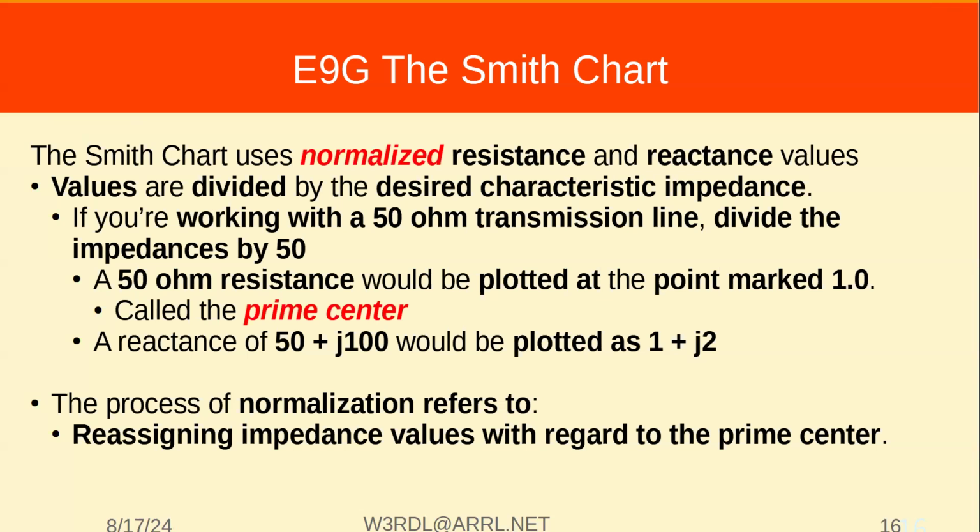And the definition for normalization is just reassigning the impedance values with regard to the prime center. So it's relative to that one reference point. So you're basically saying I'm 50 ohms and my reference point is 1. So that's how I plot everything.